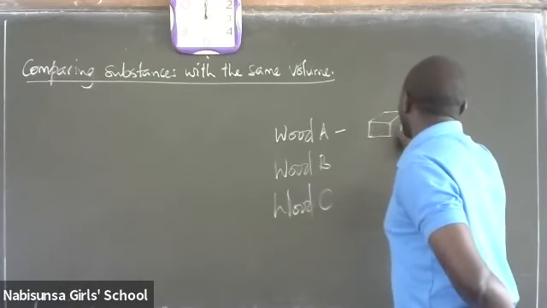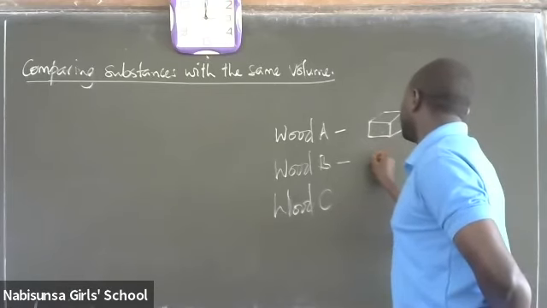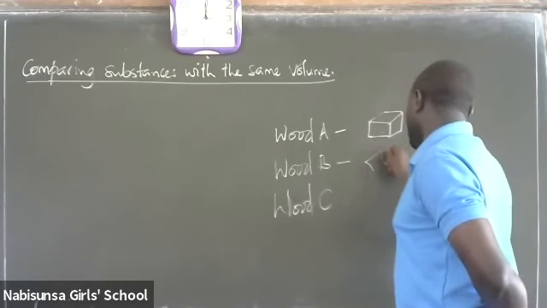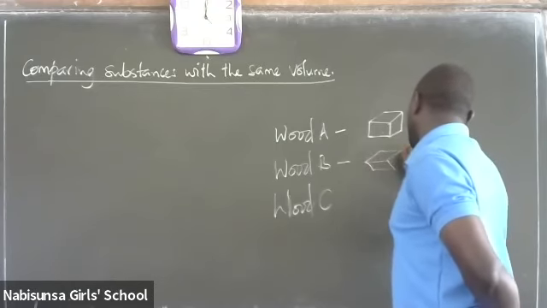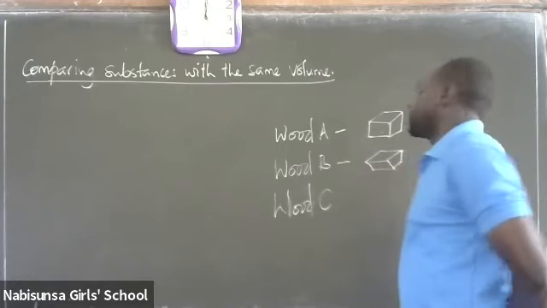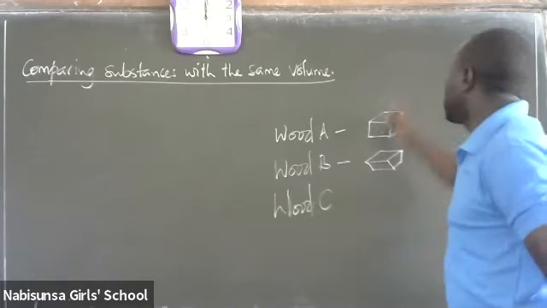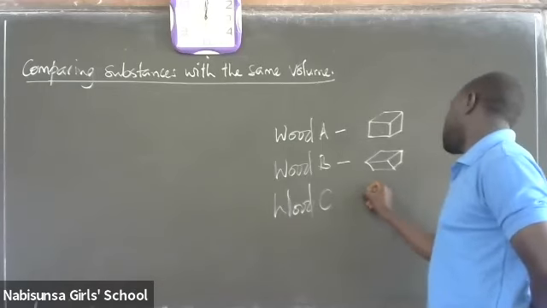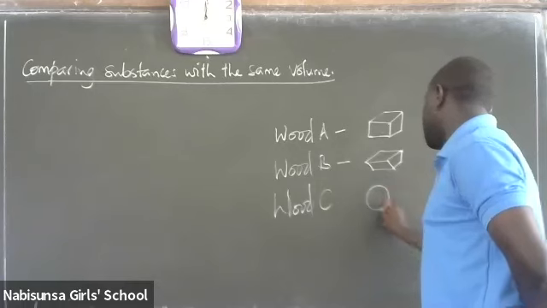This can be a sample from wood A. We also cut out a sample from wood B. It can be like that. We said the shape may not be regular, may not be constant. And then you have another one, maybe this one is in the form of a sphere, for example.